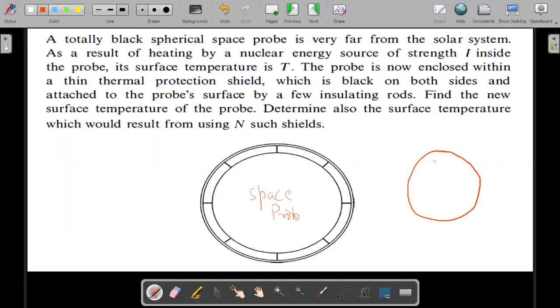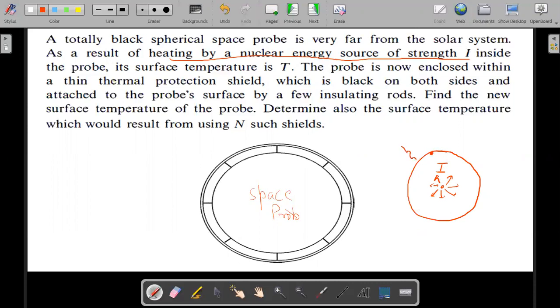In simple words, we have a spherical object inside which energy is being produced, heating by the nuclear energy source of strength I. So inside this spherical object, heat is being produced at a rate given as capital I, and this is a perfectly black body.